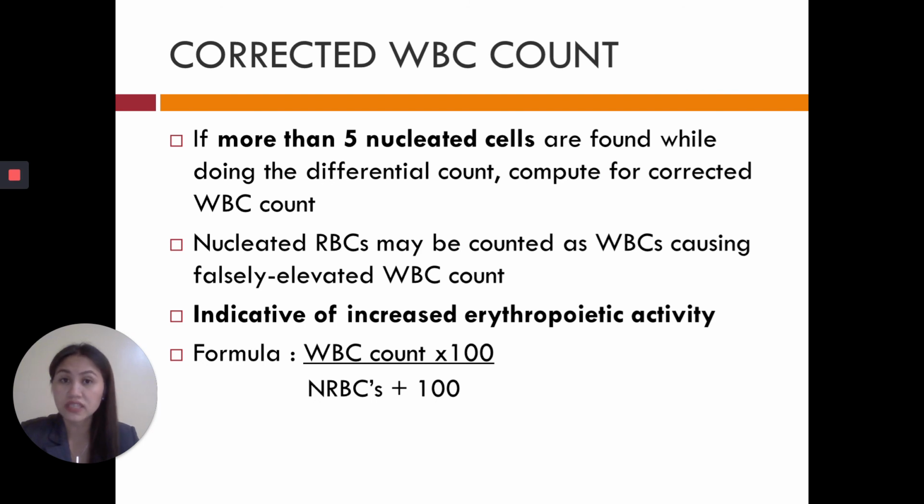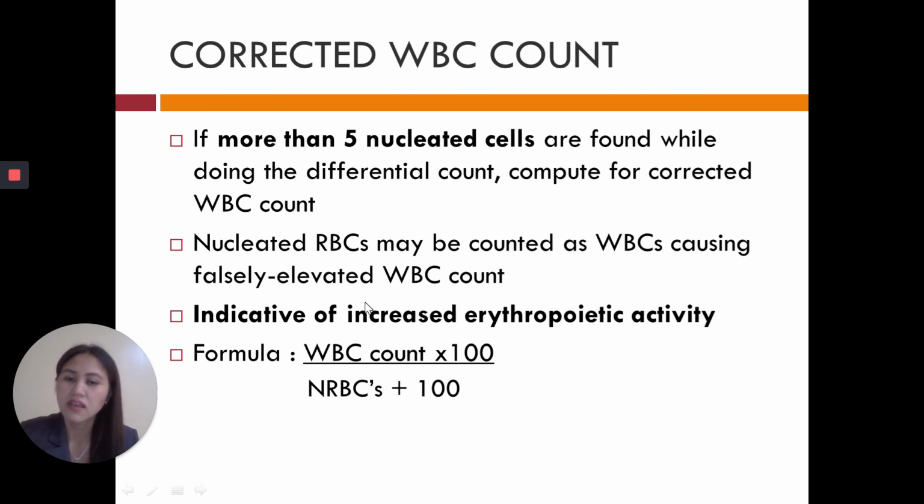So this is how you compute your corrected WBC count: the WBC count times 100 over the number of nucleated RBC plus 100. Let's say 10,000 times 100. Leave the answer as is there. And then let's say the nucleated RBC count is 25. You add 100, so that's 125. And that's the time you divide.